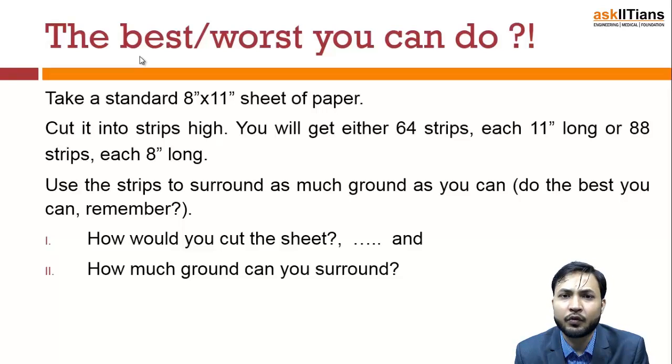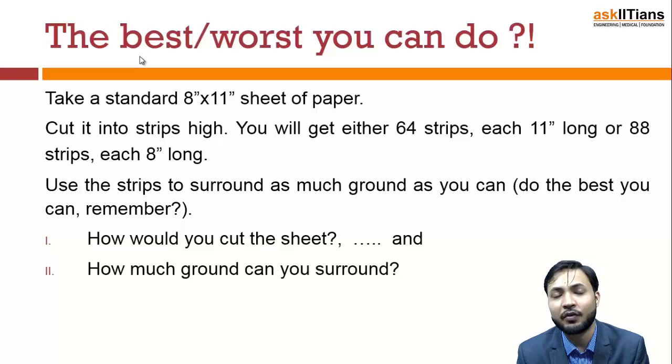One along the vertical will give you a different number of strips, and one along the horizontal will give you a lesser number. Let's say you try both ways, and in one you get 64 and in the other you get 88 strips.